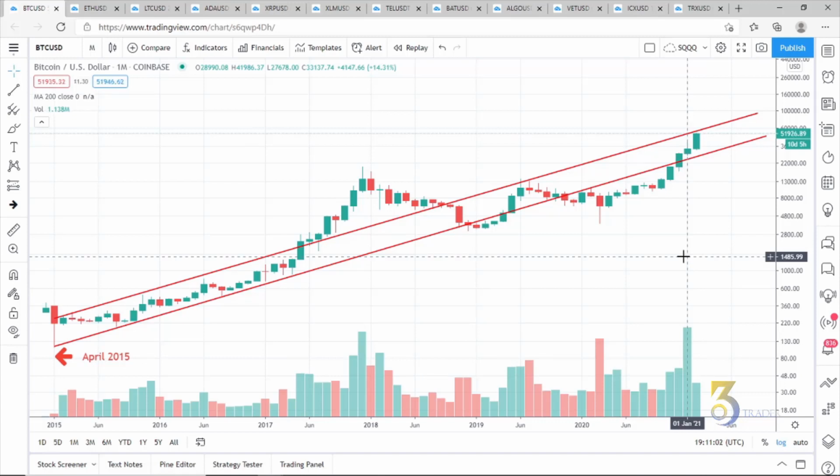Now, here's a little secret. To be the most profitable in trading, you want to trade in the direction of the trend, not against it. If you want to have the best chance at setting yourself up for success and being profitable in trading, you need to trade in the direction of the trend.